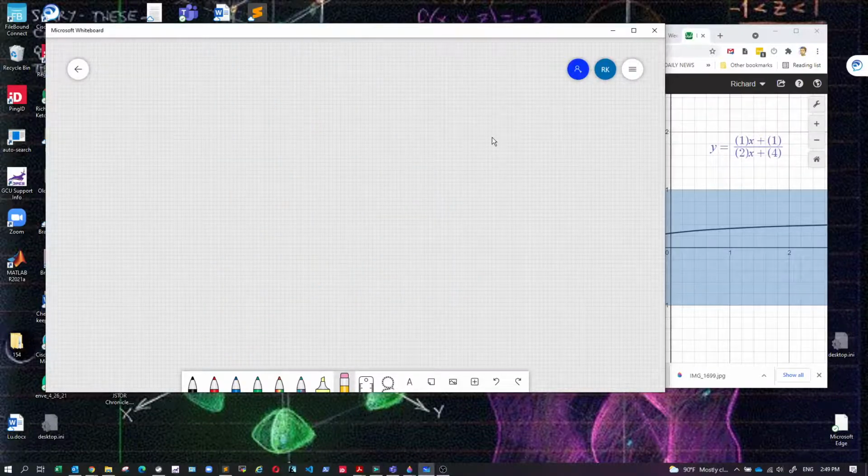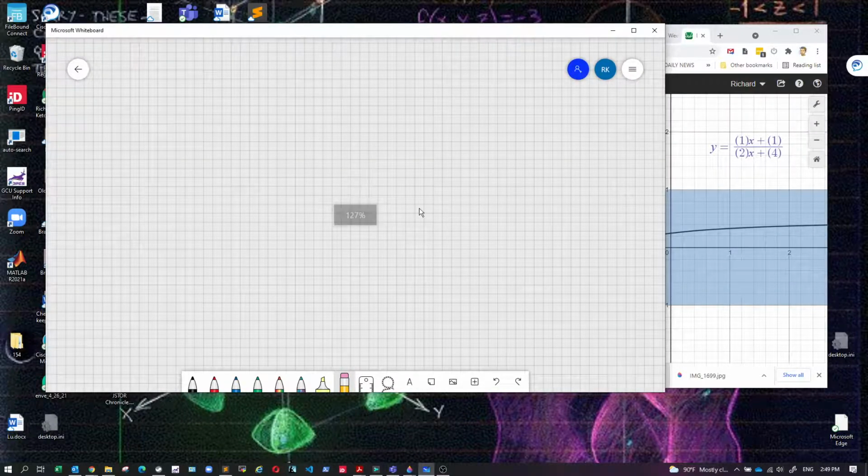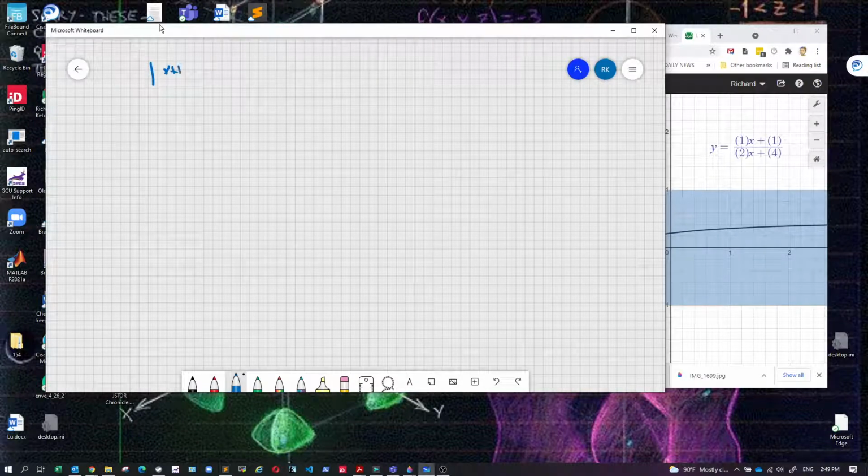Okay, so again, let me zoom back in. We're trying to solve, it's just x plus 1, absolute value of x plus 1 over 2x plus 4, and we want this to be less than 1.